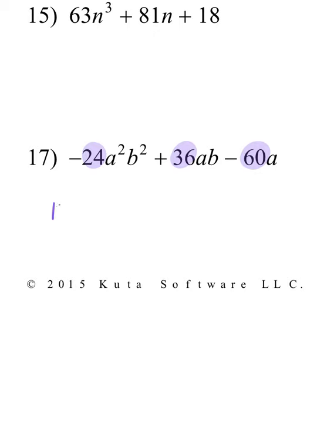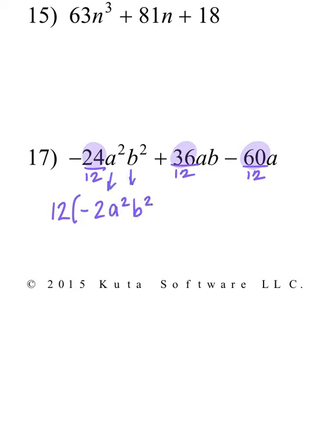So I'm going to put my 12 on the outside and divide everything by 12. And I get left on the inside negative 2a squared b squared.